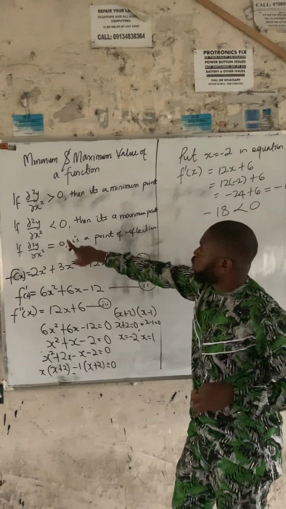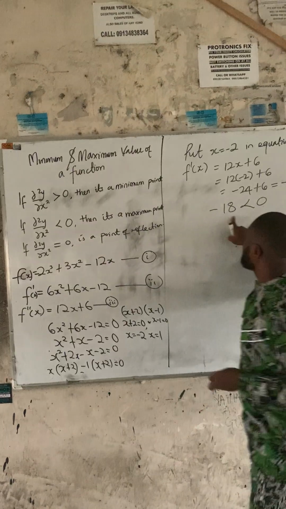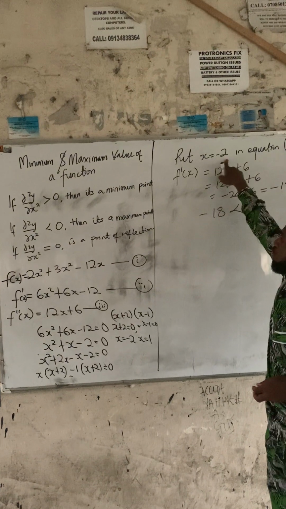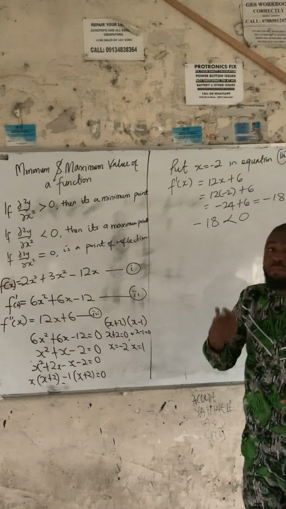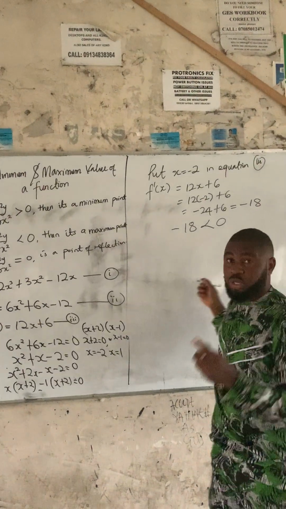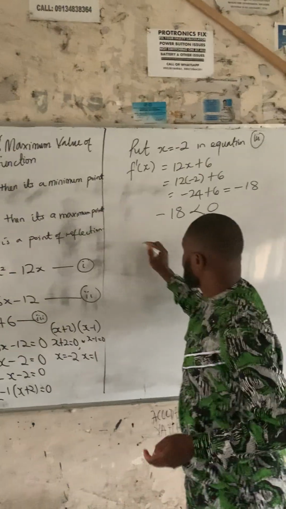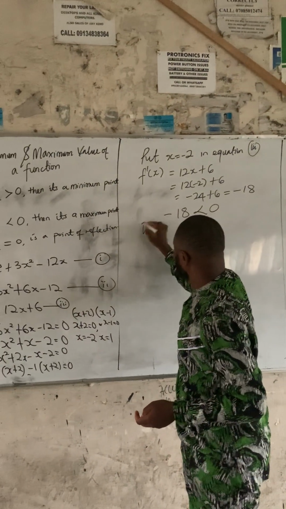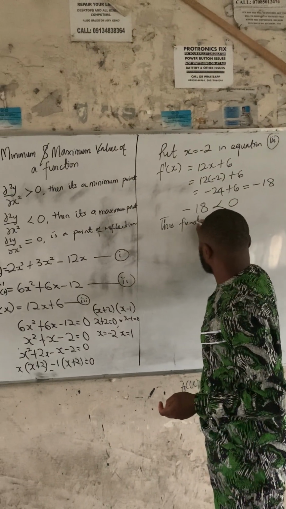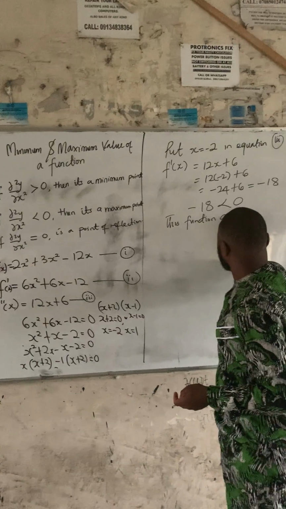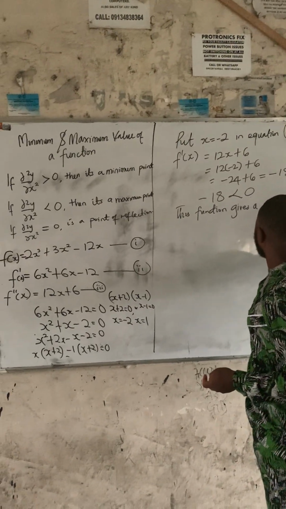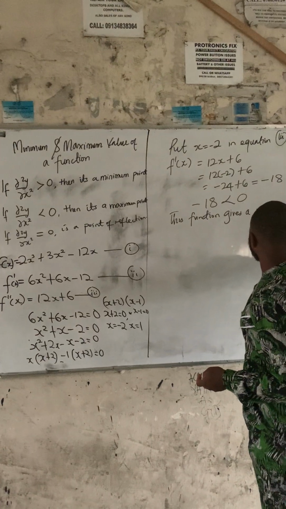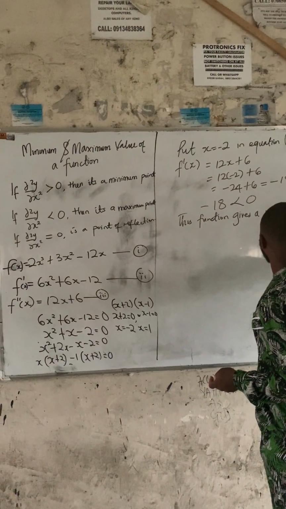From the rule, when it's less than 0, this point, minus 2, gives me a maximum point, and at the end a maximum value.